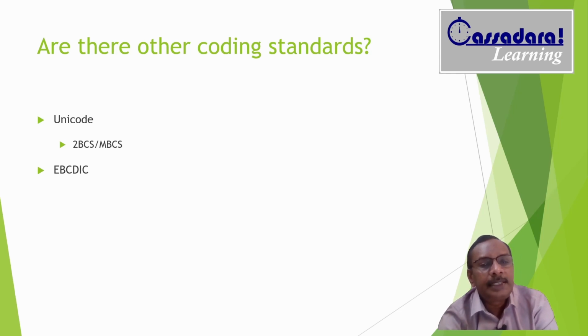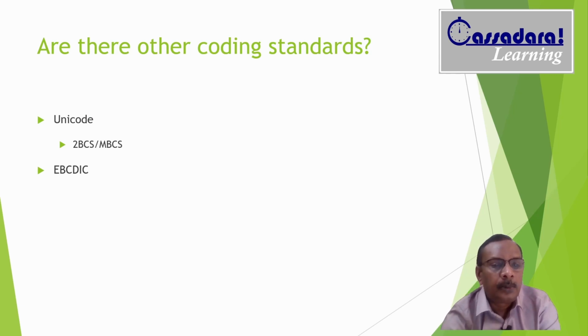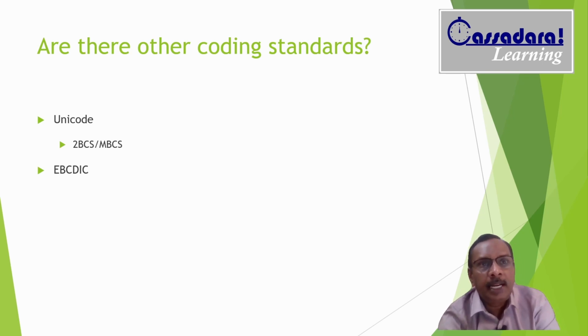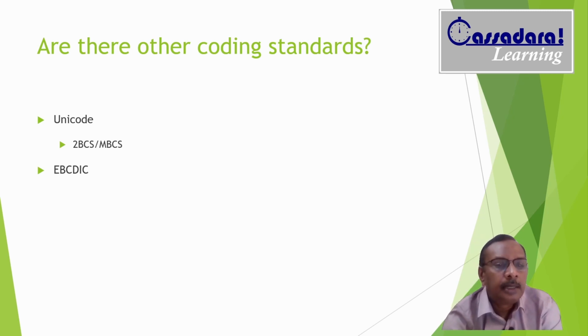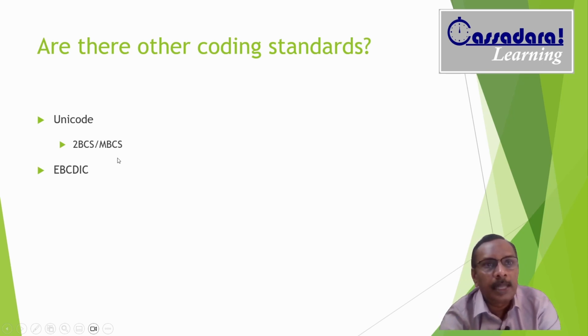Are there other coding standards? Yes. What is the requirement for other coding standards in today's world? Because English is not the only language the world is using. We have other languages. So instead of 1 byte, that is 8 bits, for a character, we use a 2 byte character set, also called MBCS, multi-byte character set.